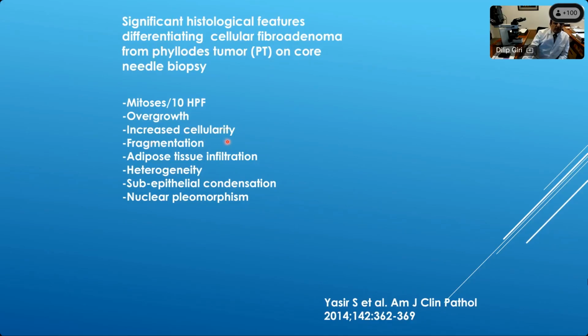When they say fragmentation, what they mean is that one or both ends of the fragment of tissue is lined by epithelial element. So if you see that kind of fragmentation, if there is adipose tissue infiltration by stromal cells, if there is heterogeneity, and if there is subepithelial condensation of stromal elements, and if there is nuclear pleomorphism, if one or more of these features are present, then perhaps you are dealing with a Phyllodes tumor on a core biopsy.